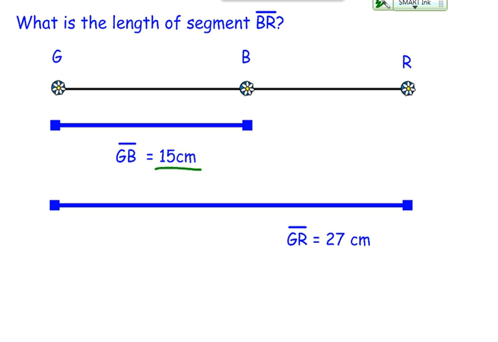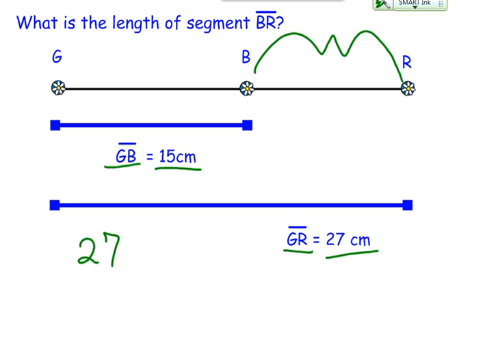We know what the length of the entire segment is, it says it's 27 centimeters. So to find BR, we want to find this distance right here. We're going to take GR and subtract GB from it. So we're going to take 27 centimeters, that's the whole length. We're going to subtract the small length that is there.